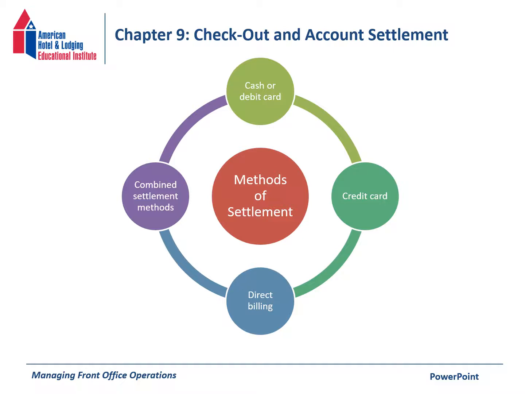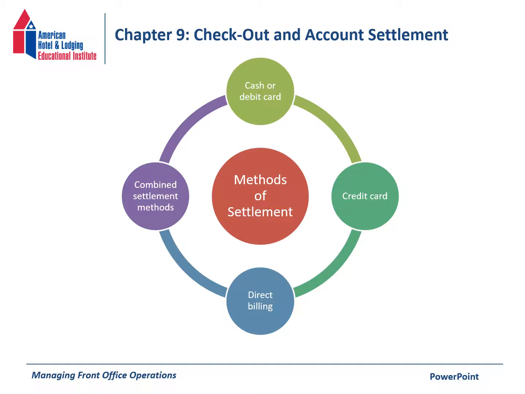That account has to be negotiated usually through the sales office or the management team, and that person has to have privileges to charge to that account. That's direct billing. That goes into our city ledger, where we can process all of those payments at once with that company and send them an invoice.